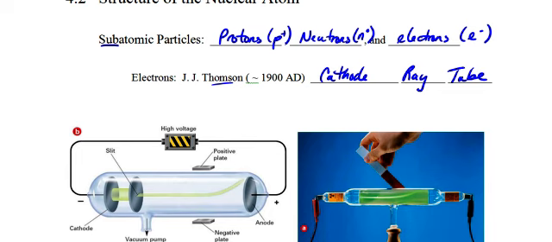Now, just a little caveat here. Within the past couple of decades prior to Thomson's experiment, so we're talking about the late 1800s, they were starting to see that atoms were actually emitting particles. As it turns out, part of John Dalton's theory is incorrect, meaning that atoms are not the tiniest, indestructible particles.